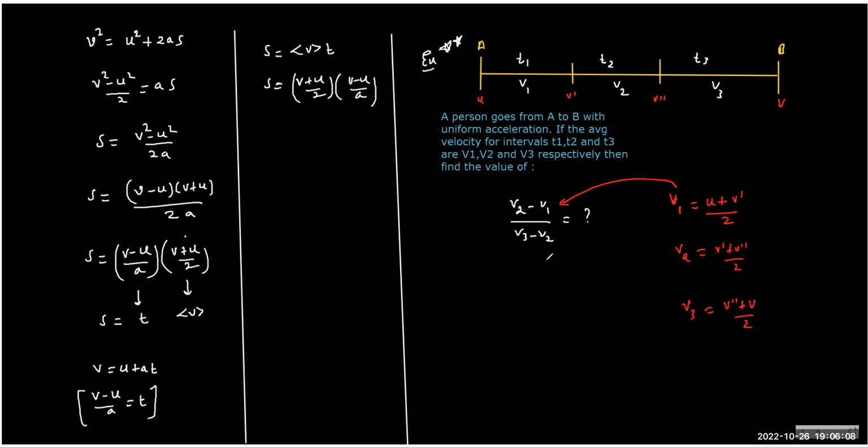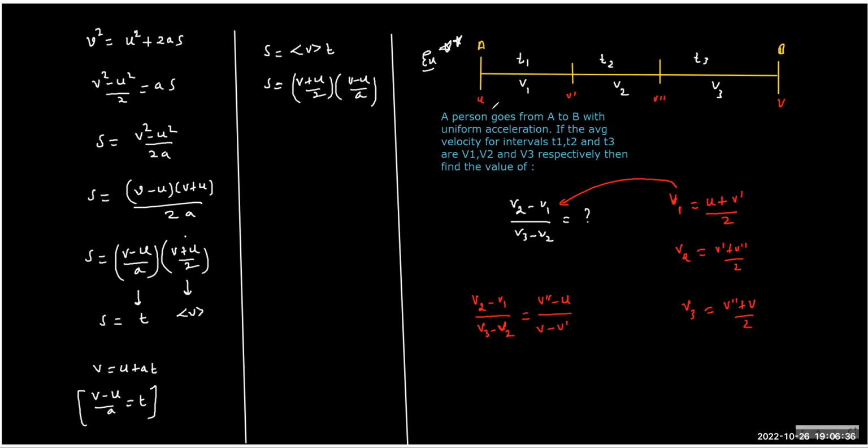So once you substitute, what do you get after the first step? What are you getting here? Tell me. V double dash minus U by V minus V dash. Now, can you write the relationship between V double dash and U directly from the kinematical equation?